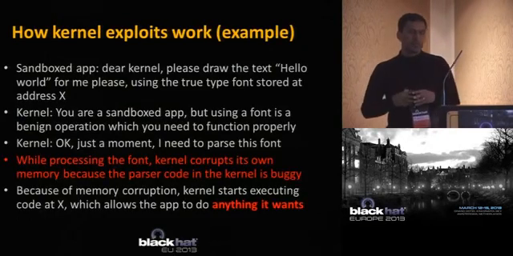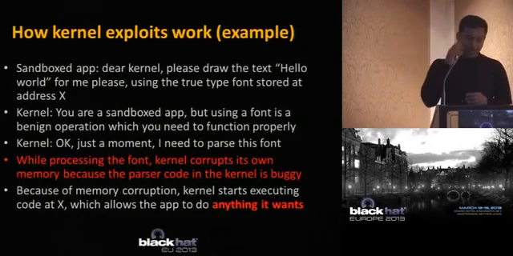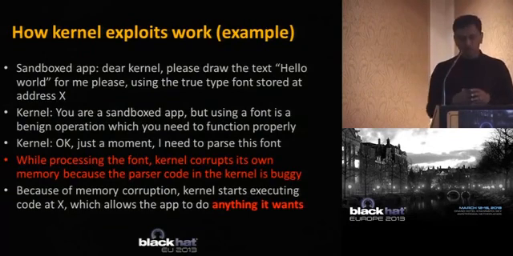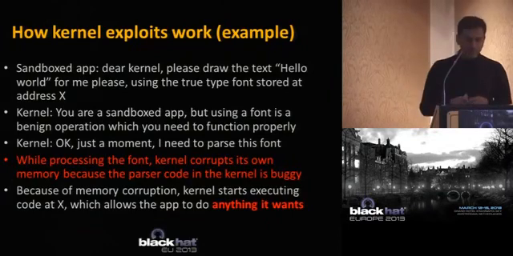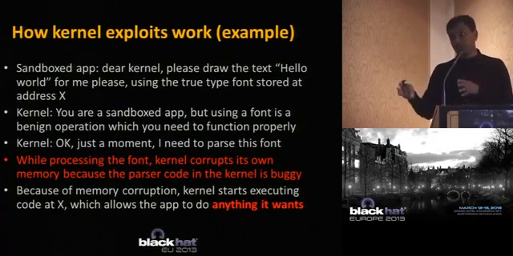Now say I have a kernel exploit. How would it work? The sandboxed app says, dear kernel, please draw the text hello world for me using the TrueType font stored at address X. And the kernel says, you are a sandboxed application, but using a font is a benign operation which you need to do to function properly.